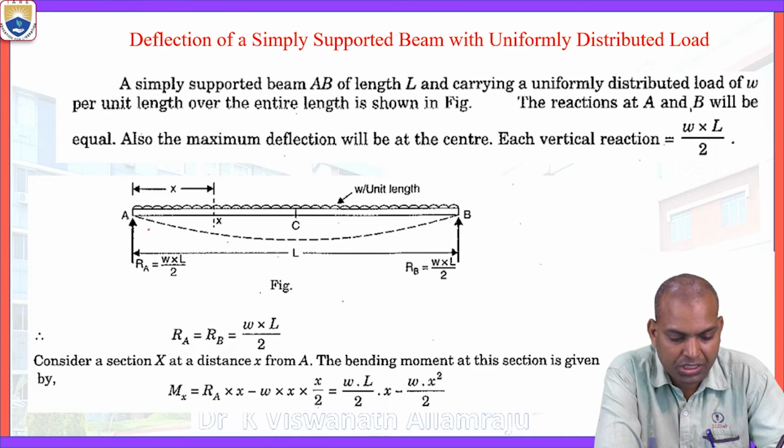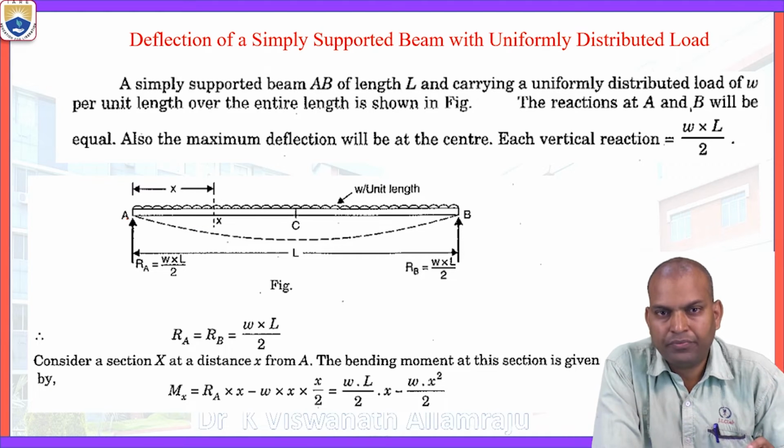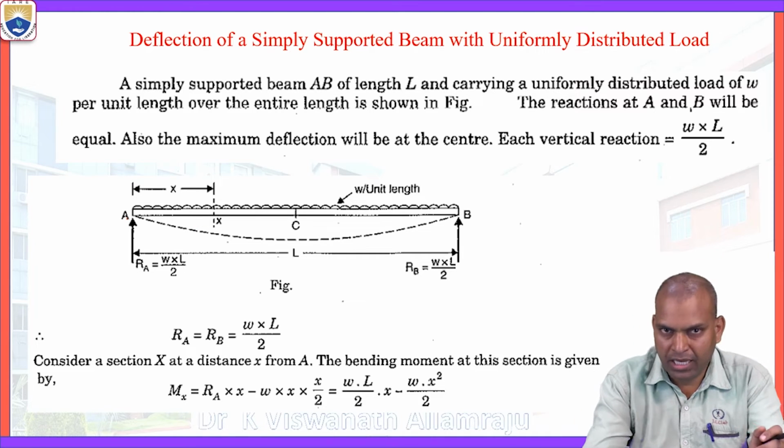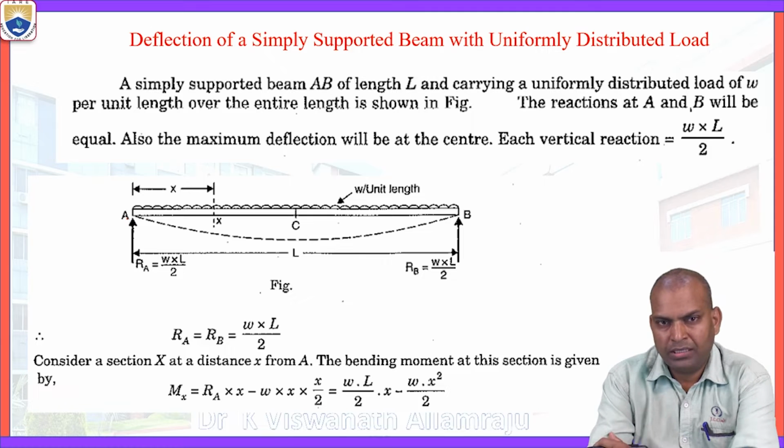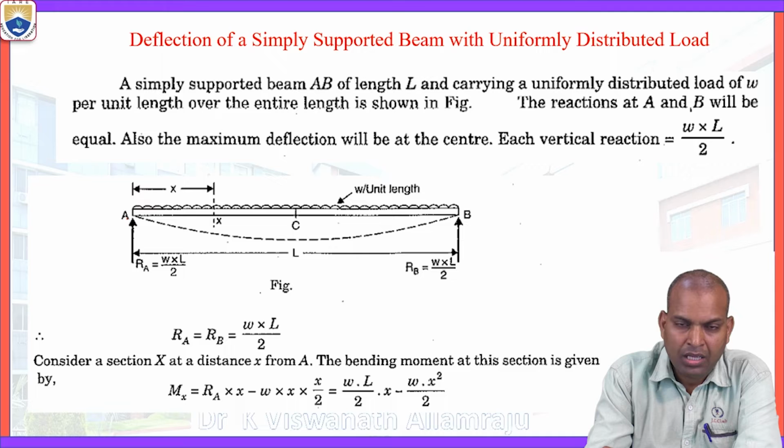So the reactions at A and B. We have to calculate the reactions at support A and support B by using the concepts of shear force and bending moment diagrams, using the sign conventions of bending moment and of shear force.